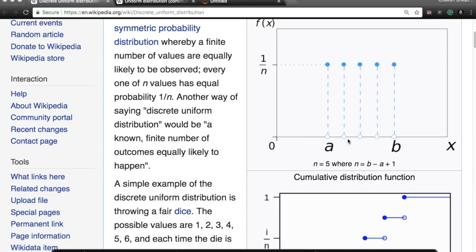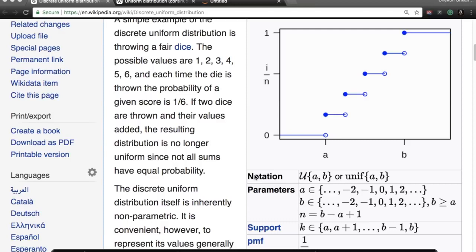Imagine I have 5 outcomes between A and B, so let's say n equals 5. Just like your Gaussian distribution has parameters mu and sigma, what are the parameters of your uniform distribution?